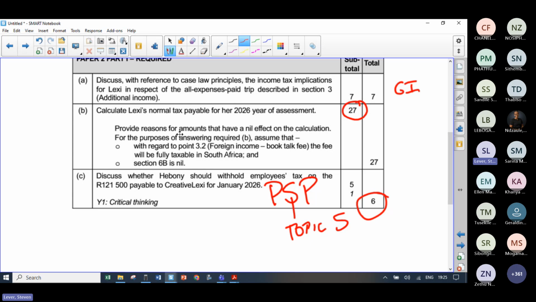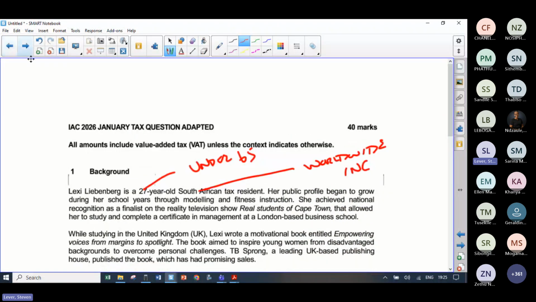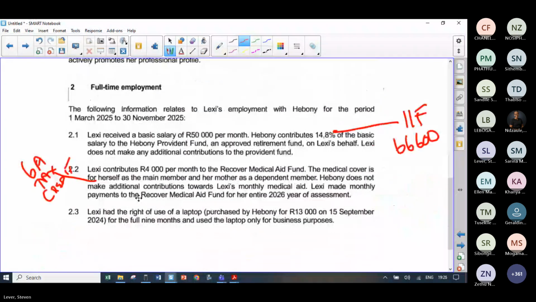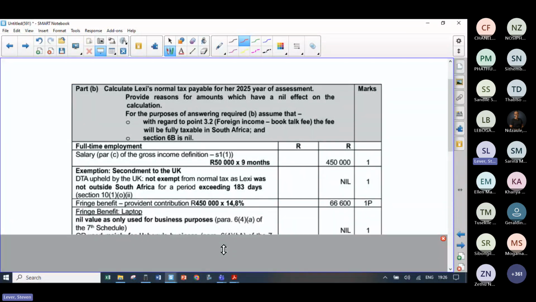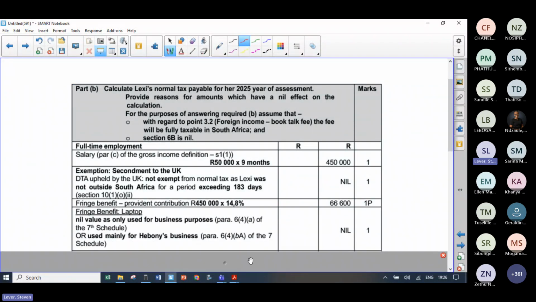So they've said whenever we're going to put a nil in a calculation, you need to put a reason down. So let's go back here. And what does it say? It says she's got right of use of a laptop for 9 months and only used the laptop for business purposes. So what are you going to do as part of the solution? You're going to say, listen, it's a no fringe benefit, but the mark is not for writing the no down.